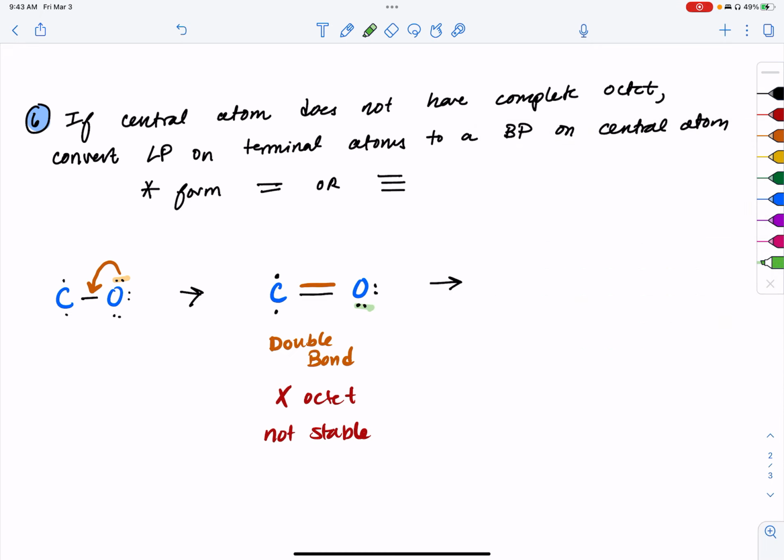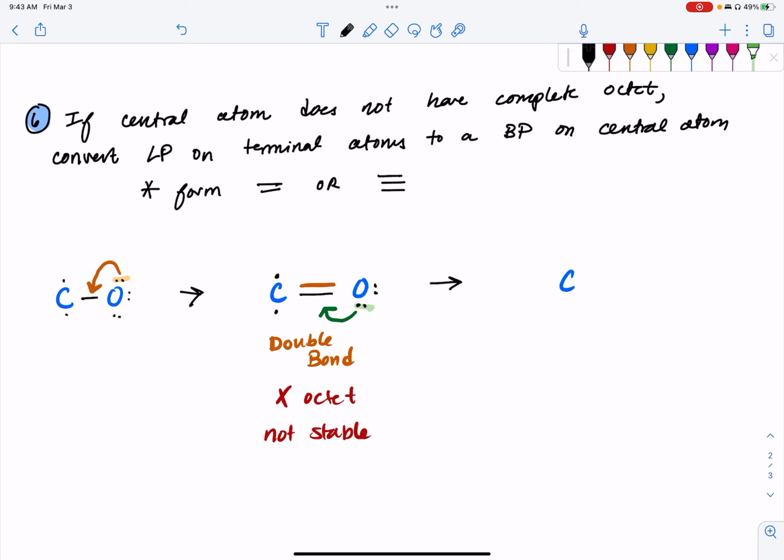So what if I were to take this bottom pair and convert that from a non-bonding lone pair on oxygen into a bonding pair with carbon? So what would I have then? Okay, so left on oxygen would remain this single lone pair now. And then on carbon, its remaining unpaired electrons.